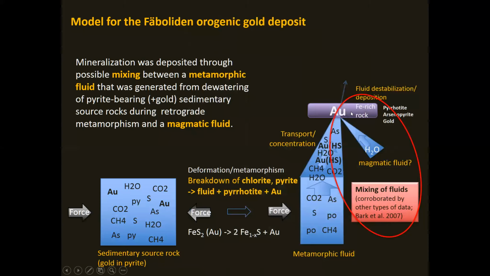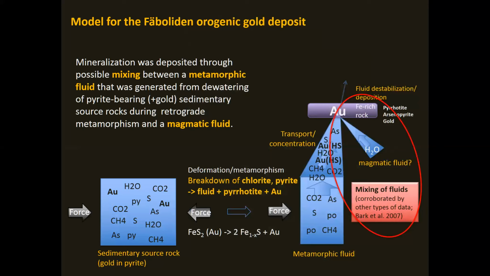And so a precipitation mechanism here would be that we have the metamorphic fluid carrying the gold, and then we have an input of a magmatic fluid, and the mixing of those two fluids causes them to be destabilized and for gold and sulfides to precipitate at the Fäboliden mineralization.